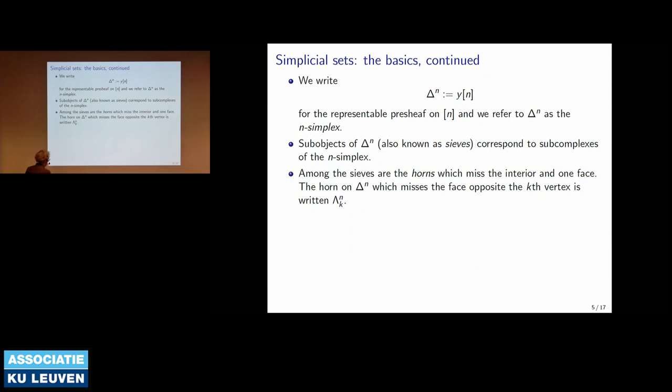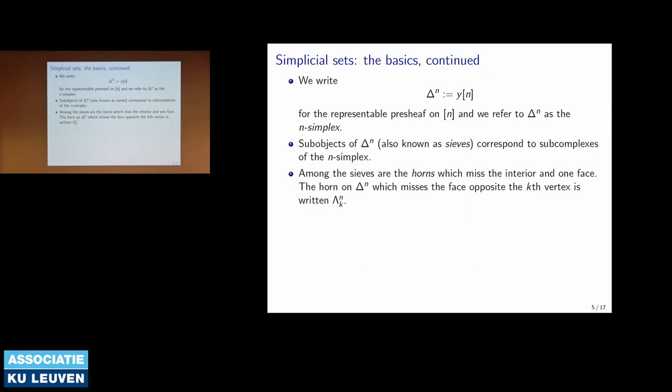So this could be delta 2, and then a subcomplex basically consists of selecting a number of points and a number of edges in this n-simplex. Amongst these sieves, there are the so-called horns, which you obtain from the entire n-simplex by deleting the interior as well as one face.